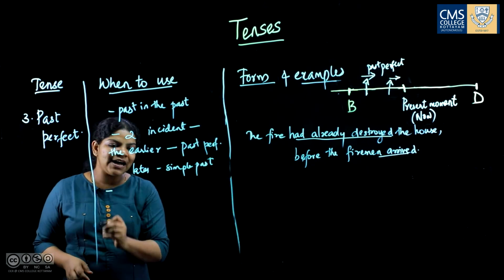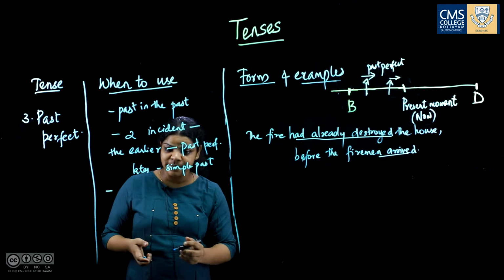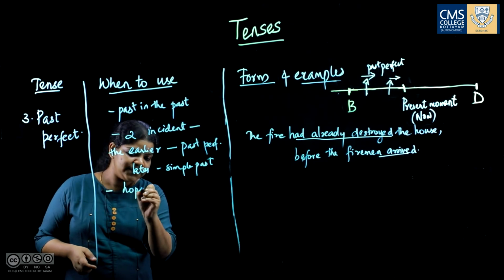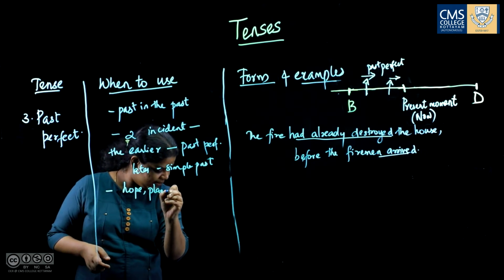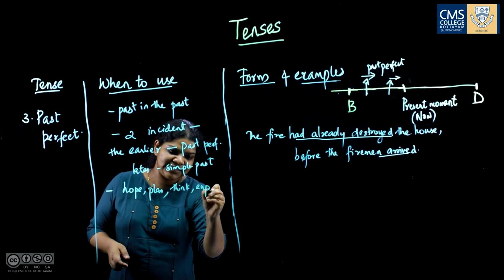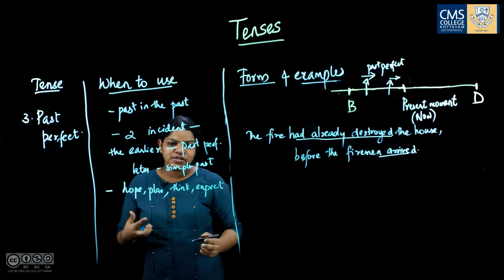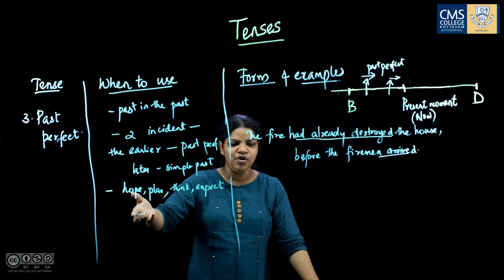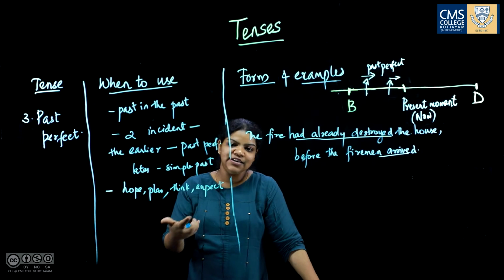Similarly, we can use past perfect tense along with certain verbs like hope, plan, think, expect, etc. When you want to say that what you had hoped for or what you had expected did not happen.